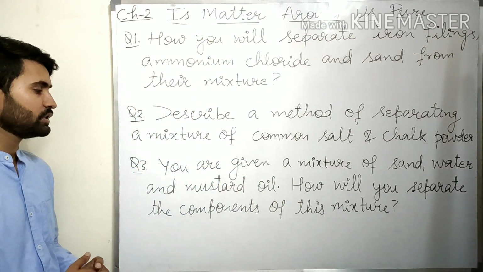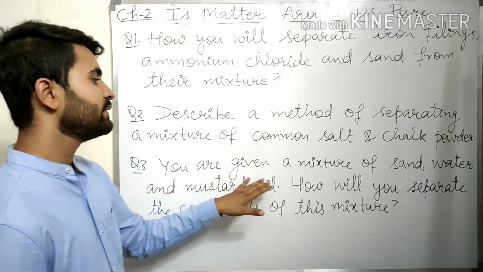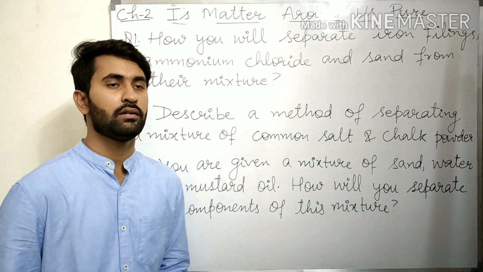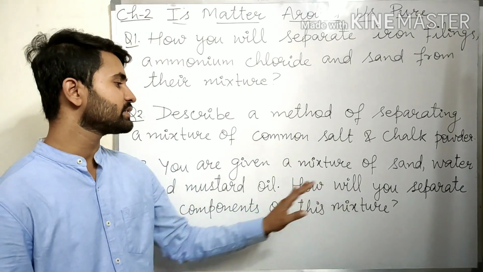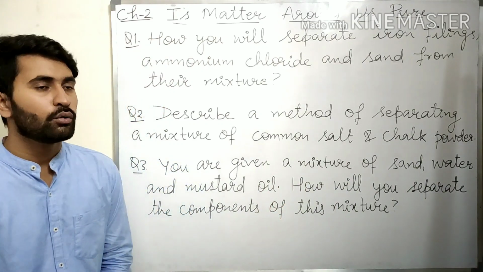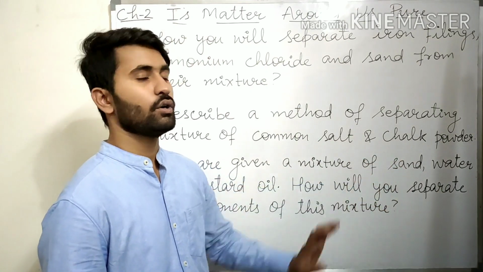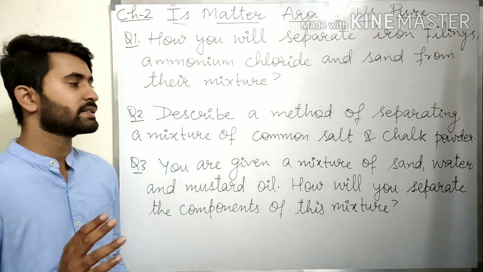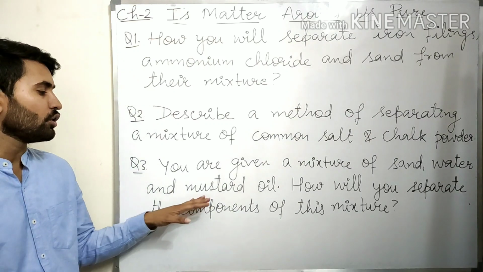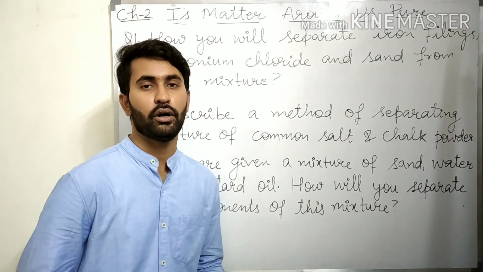Now the third question is, you are given a mixture of sand, water and mustard oil. How will you separate the components of this mixture? We know that sand is a solid and is soluble neither in water nor in mustard oil.